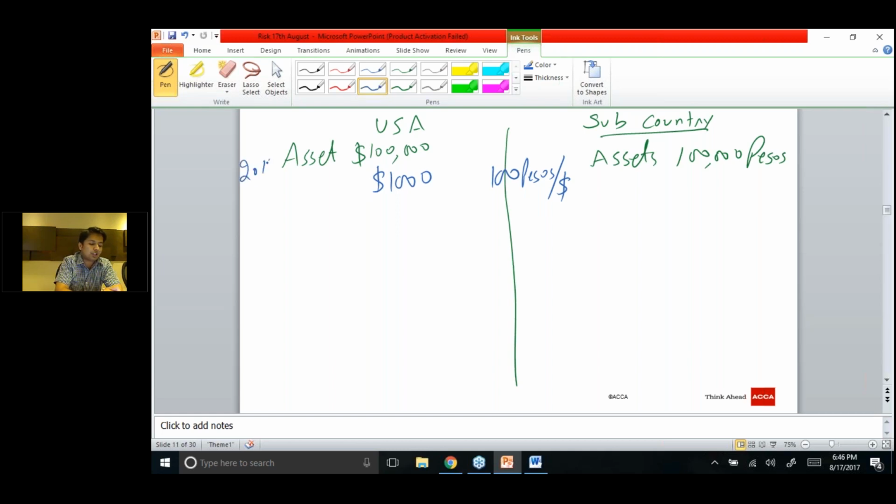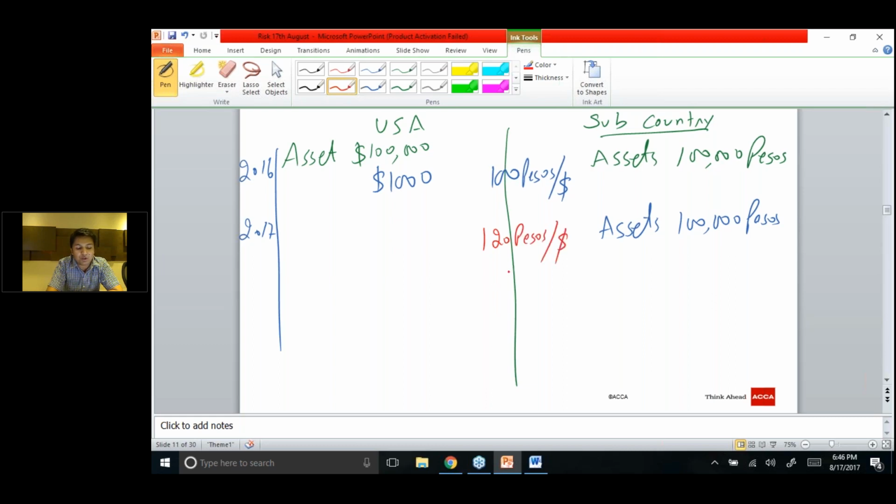Let's go to 2016. In 2017, let's suppose assets have the same value. But now the exchange rate of the subsidiary currency has depreciated to 120 pesos over dollar.